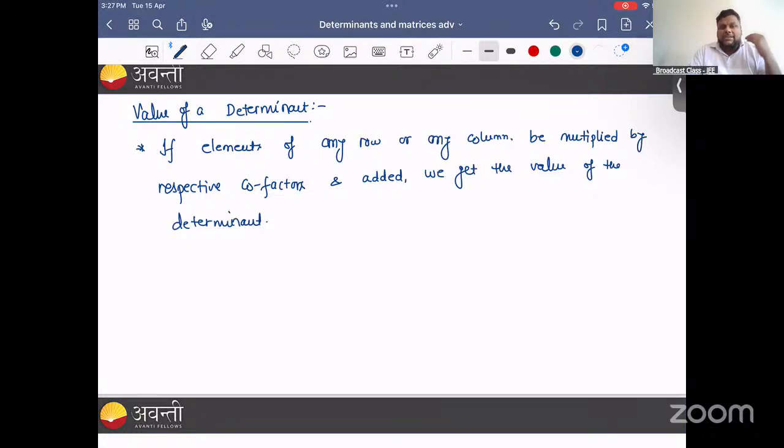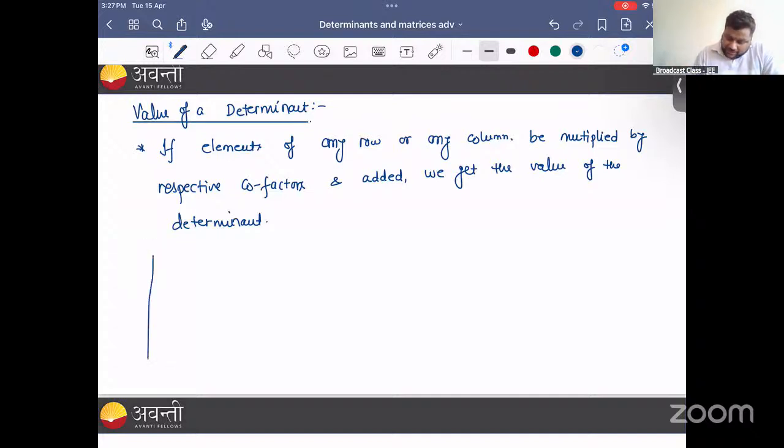Got it? Means elements of any row be multiplied by the respective cofactors and added, we get the value of the determinant. So in such cases, generally we prefer the row or the column where we have maximum number of zeros.